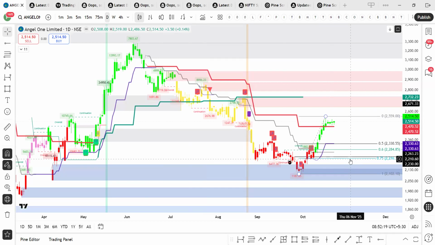Then for investment purposes, it is totally different. Some people do fundamental analysis and after that they invest. I don't understand anything about fundamental analysis, so I don't check fundamentals at all. What I check instead is that the stock should be liquid enough so that I can enter and exit swiftly. That is my parameter.